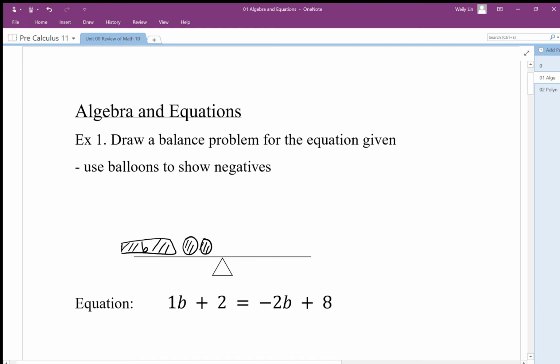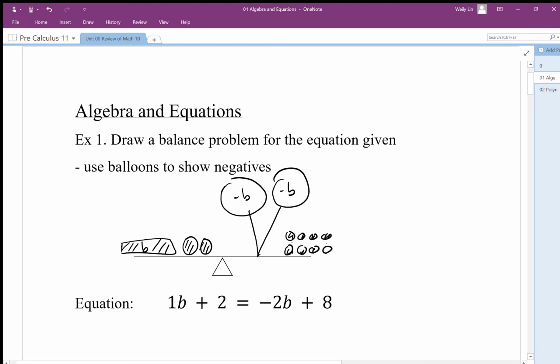Negative B is going to be pulling on the balance, so I'm going to draw this as a balloon, and we'll call that negative B. And then we've got these 8 things that are weighing the balance down.